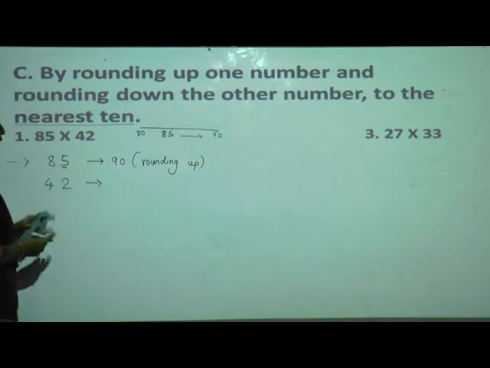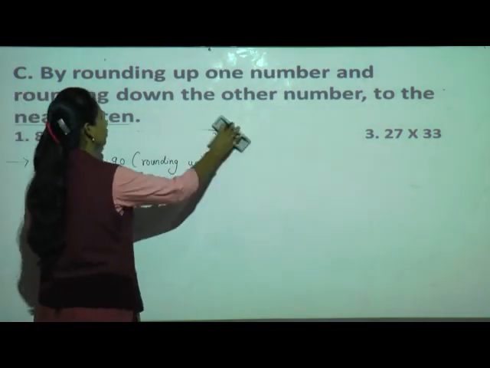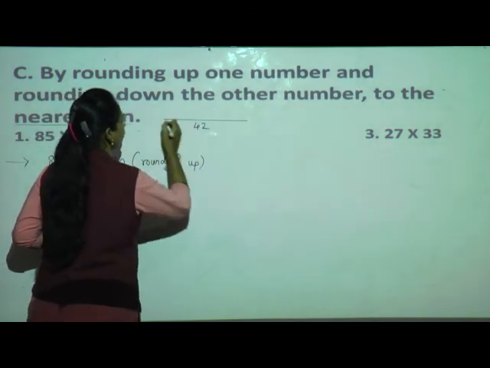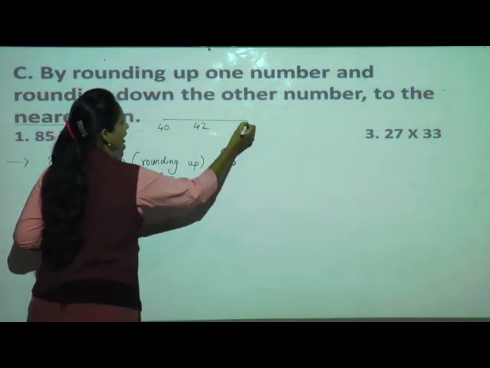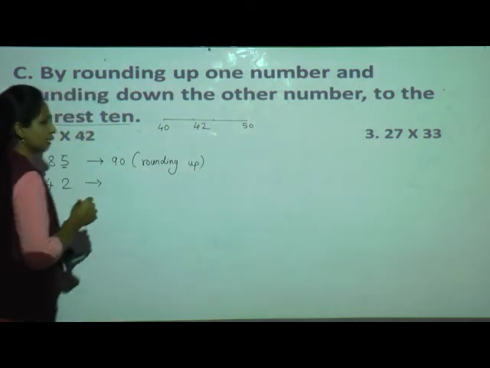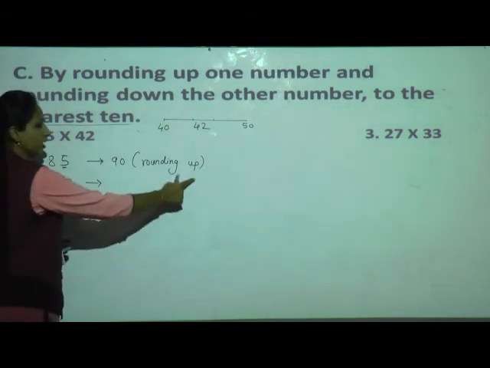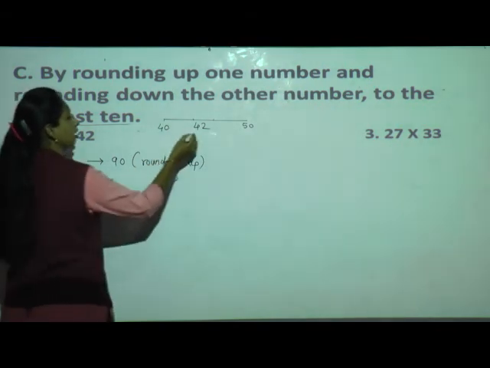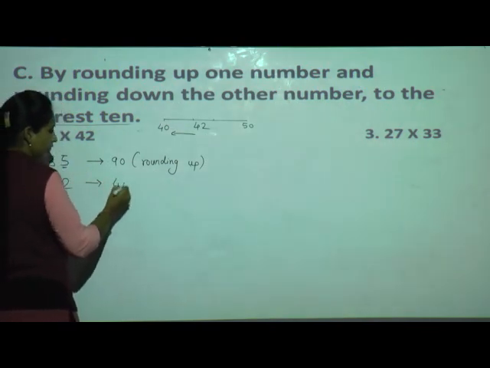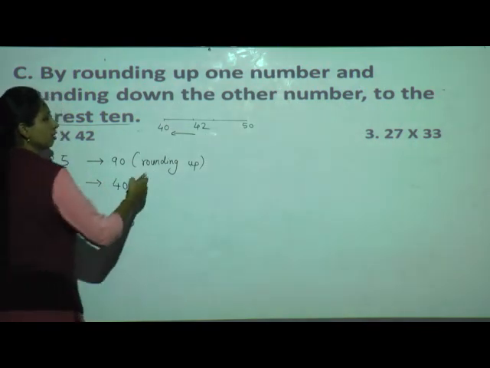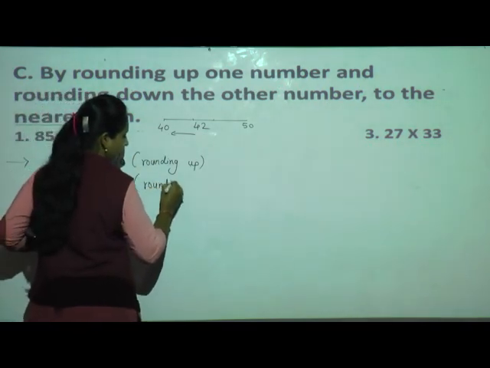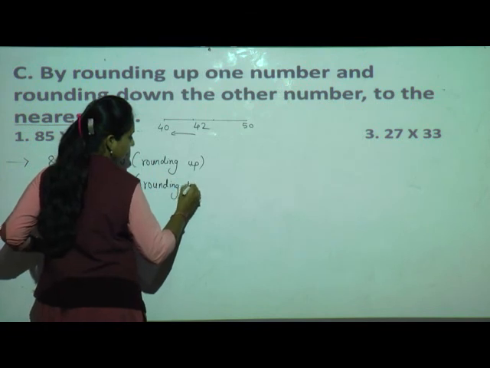And the second is 42. Okay. So what about 42? See the 42. 42 lies between 40 and 50. Somewhere here in the middle, 42 lies. Now one number we have taken up. Now the other number we should take down. So what will come? Nearest to tens. Rounding down means 40. So I have written 40. So write in bracket rounding down.